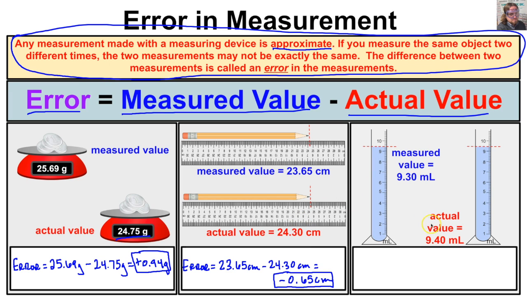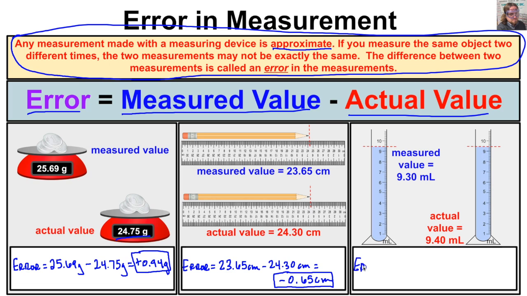Let's take a look right here. When a student measured the water that is in this graduated cylinder, she measured the value of the water to be 9.30 milliliters. However, the actual value of the water that is in this graduated cylinder is 9.40 milliliters. How do we calculate the student's error?